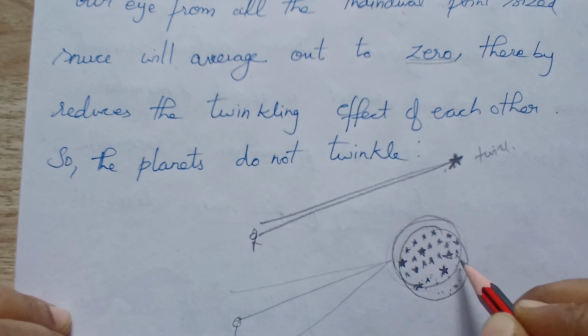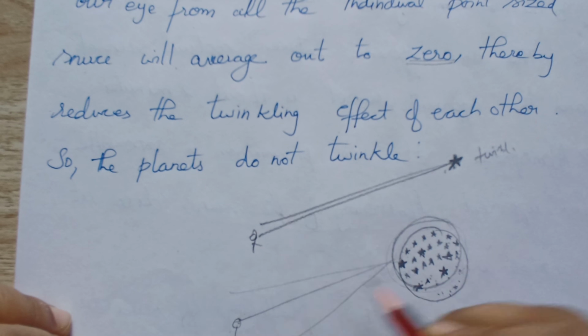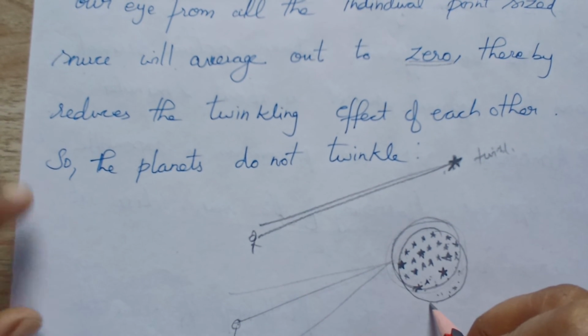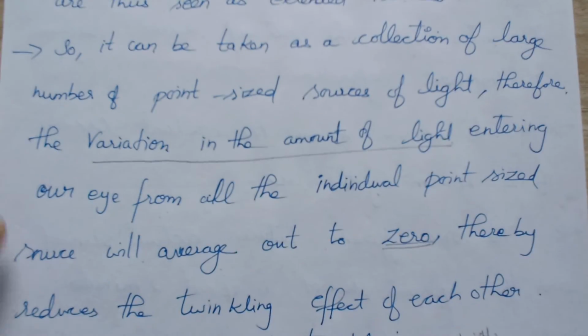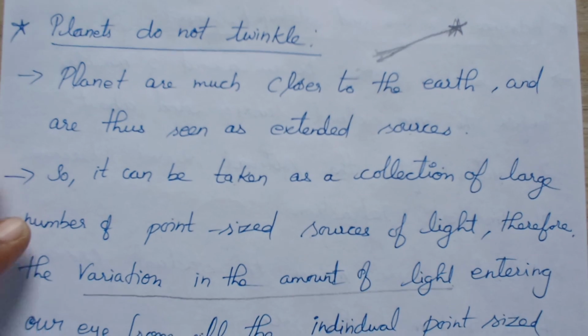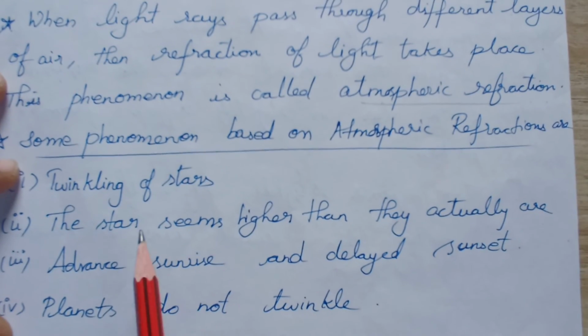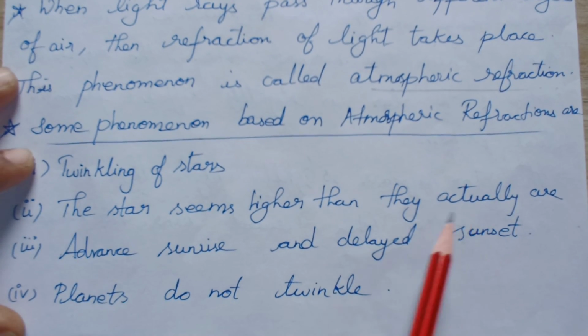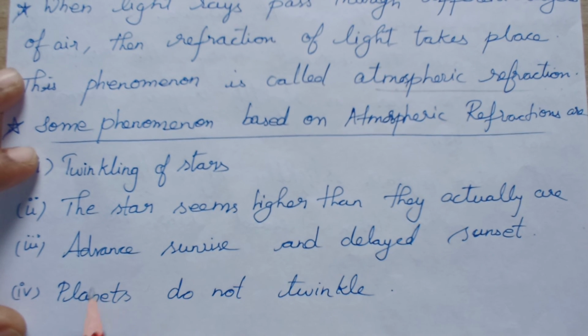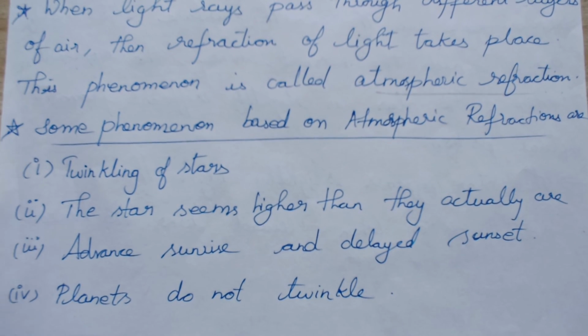No, from all other stars you will be able to receive the light rays, so there will not be any twinkling effect. That's why planets do not twinkle, due to the atmospheric refraction. Clear on this? So we have seen the 4 phenomena based on atmospheric refraction. What are they? Twinkling of stars, stars seem higher than they actually are, advanced sunrise and delayed sunset, and planets do not twinkle. Okay, thank you.